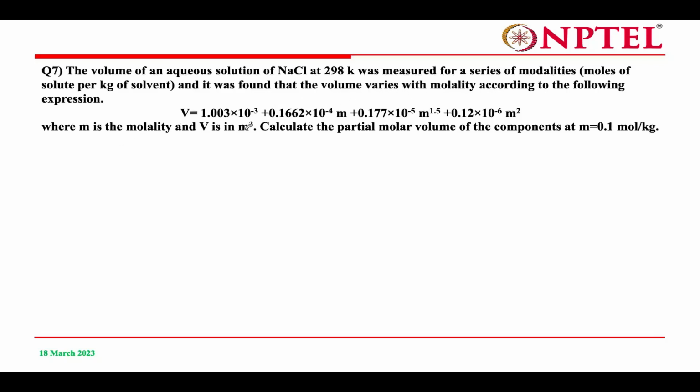This expression is given, where m is the molality and V is in meter cube. Calculate the partial molar volume of the component at m equal to 0.1 mole per kg. Okay.